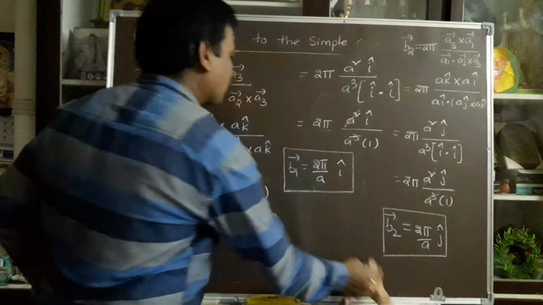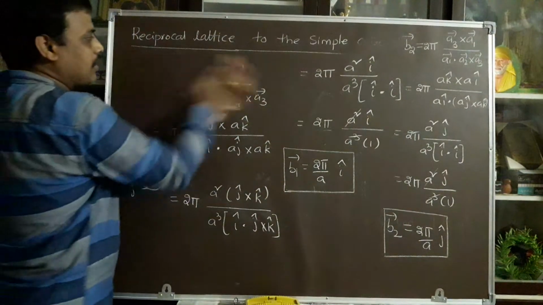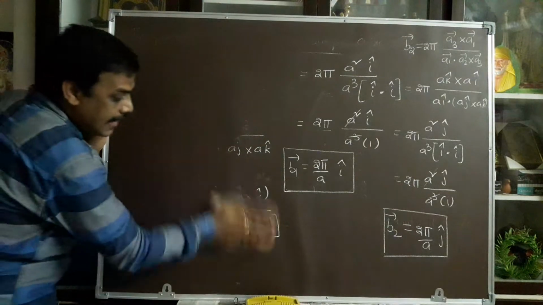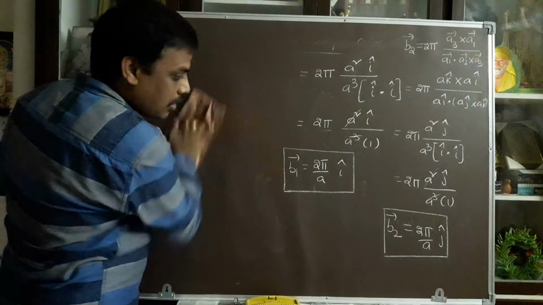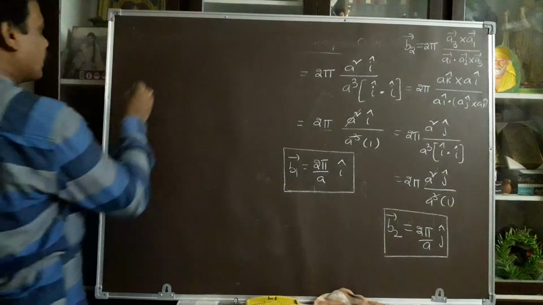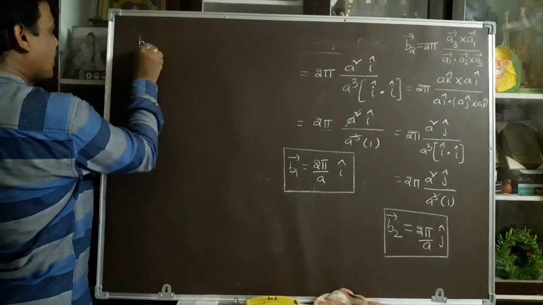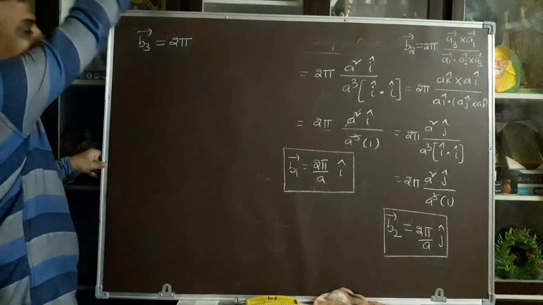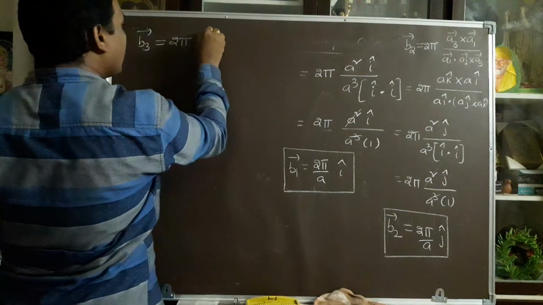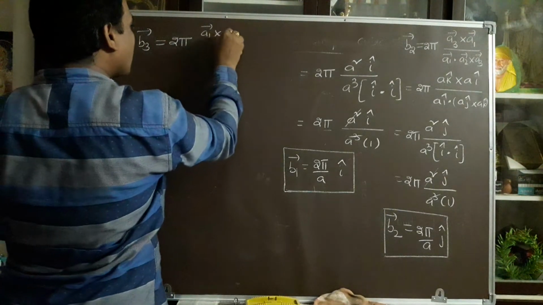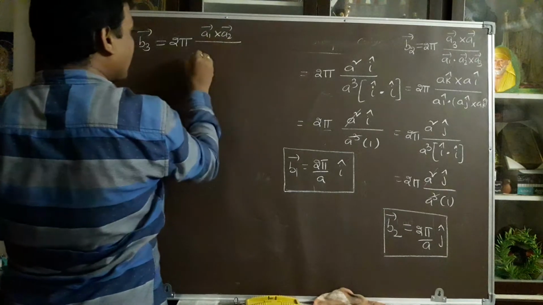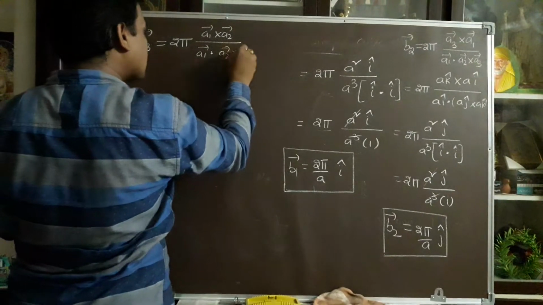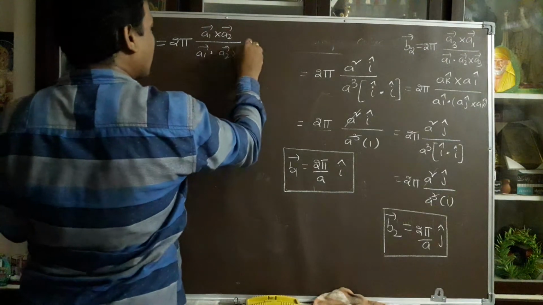This is B2 bar. So finally you can calculate the third direction, along the z direction. Along the z direction, B3 bar is equal to 2 pi into A1 bar cross A2 bar divided by A1 bar dot A2 bar cross A3 bar.